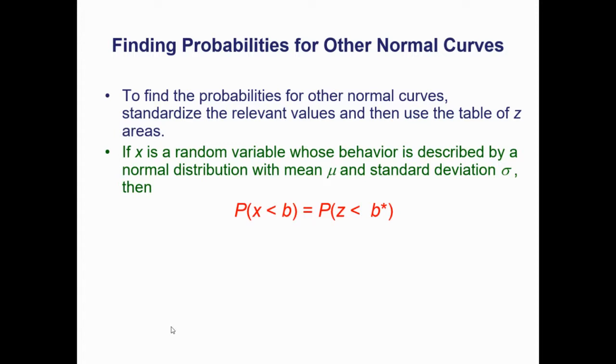That's the probability that z is less than b star. Now what is b star? B star is equal to our b minus our mean divided by the standard deviation.